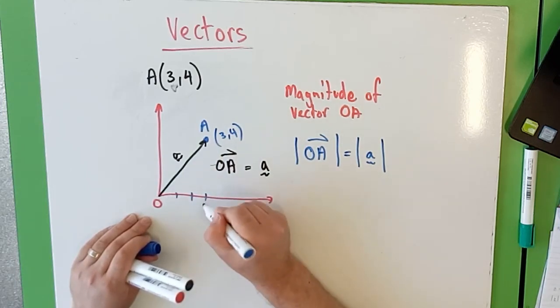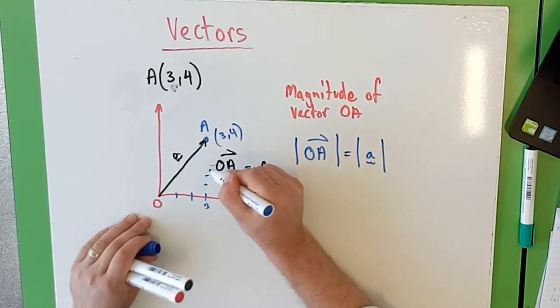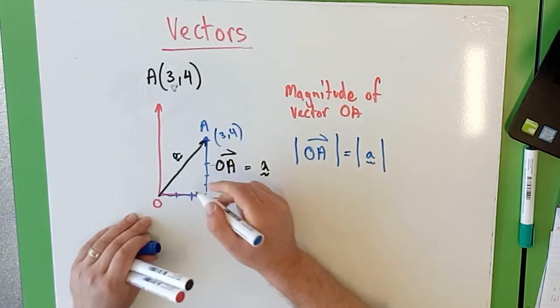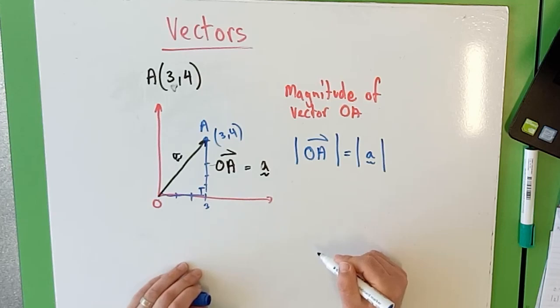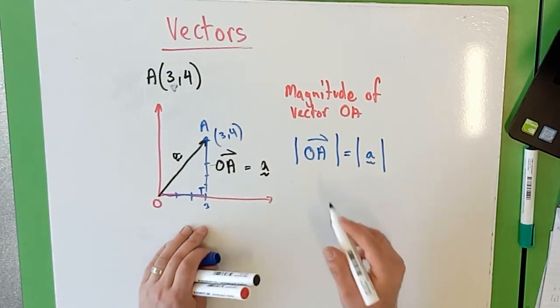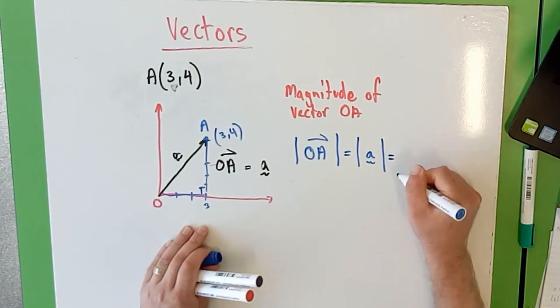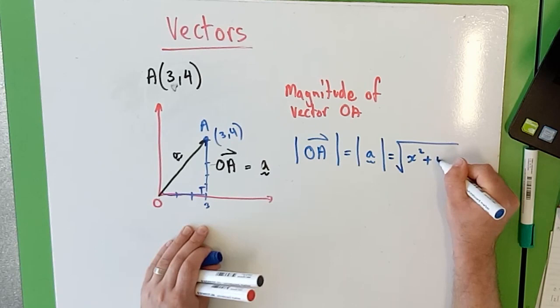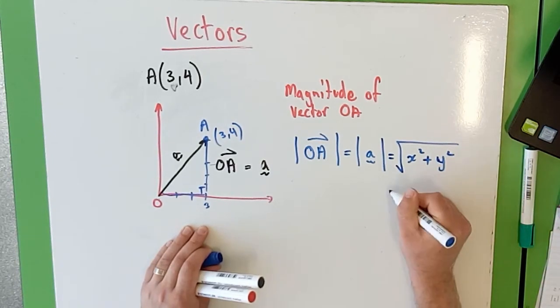We know that it's 3 across and 4 up. I haven't drawn that very well, but you get the idea. I can picture this as a right angled triangle. What's the length of that side? Well, that's just using Pythagoras' theorem. It is going to equal how far in the x direction squared plus the y direction squared, take the square root.